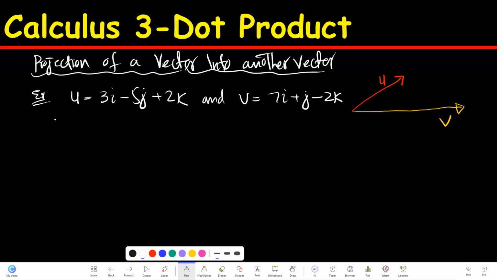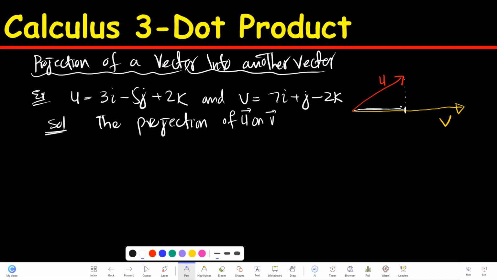Find the projection of U on V. Solution: the projection of U on V. So you're going to be writing this new vector, the white one, which is basically nothing but the shadow of the projection.